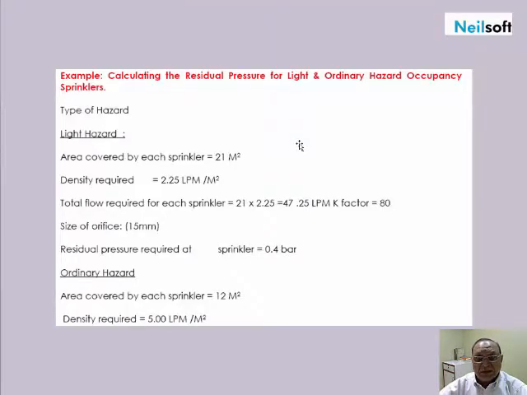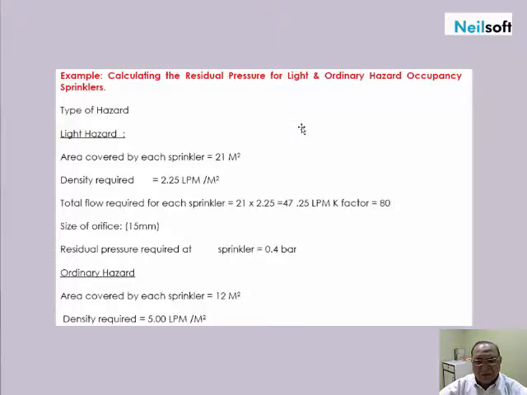See, this is an example of calculating the residual pressure for light and ordinary hazard occupancy. What is the residual pressure? Residual pressure is the pressure at which the sprinklers should discharge to obtain the flow of 2.25 liter per minute per square meter area and the 21 meter square area must be covered.